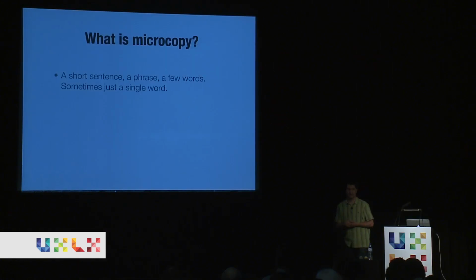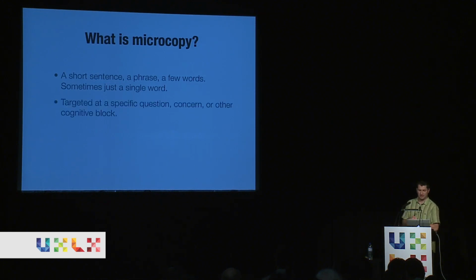It's just a short sentence or phrase. Sometimes it's a single word. It's just perfectly placed. It's often targeted at a very specific question or concern, so it helps people answer a question. It tells people, okay, you don't need an account.